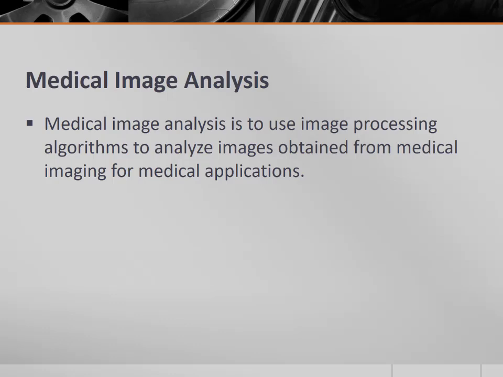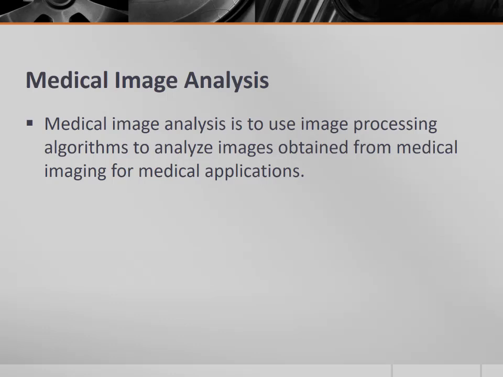What we talk about here is using the computer to automatically find the tumor, to analyze and compute the size of the tumor. For example, what is the volume, what is the area of the tumor? Is the tumor growing or contracting? That's what we mean here. That's using computer technology to analyze the image, and that's called medical image analysis.